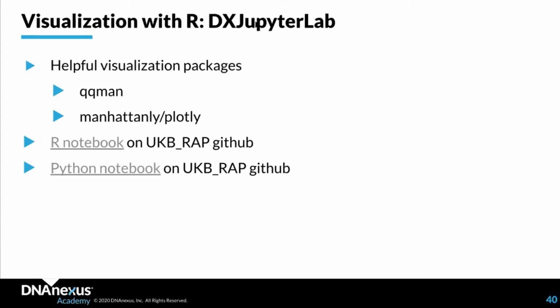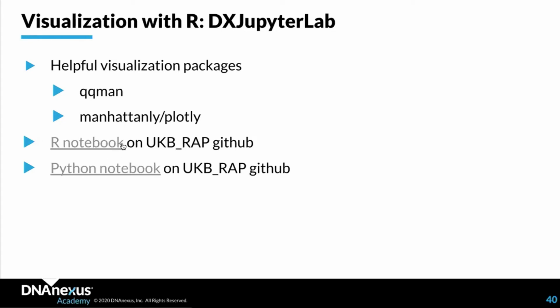And as Anastasia mentioned before, there is a seminar on that if you want to learn more about how to start it up. We are going to be using a couple of very helpful visualization packages that directly take these kinds of tables. The first is the qqman package, and the second is the manhattanly package. The main difference is that manhattanly is built on top of a package called Plotly, which lets you add more interactive elements such as tooltips.